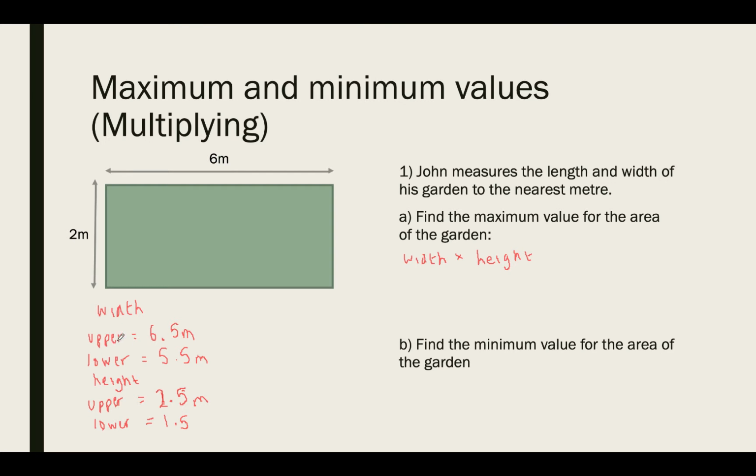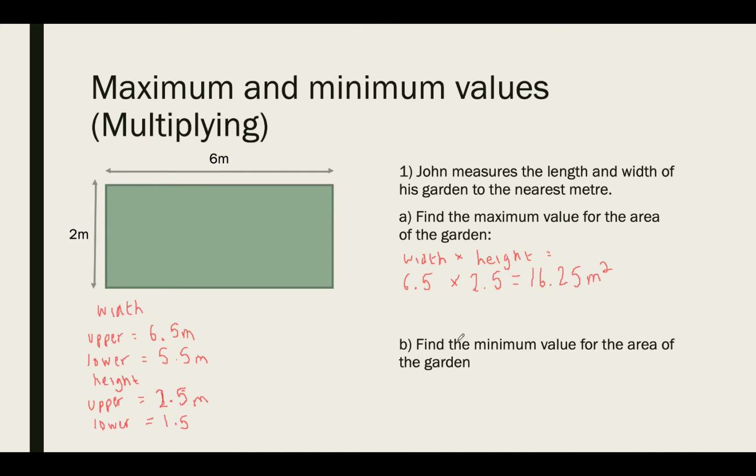So the upper bound for the width is 6.5. The upper bound for the height or the length is 2.5. And this will give us an answer of 16.25 meters squared. Don't forget the squared, because that shows that you're measuring area.